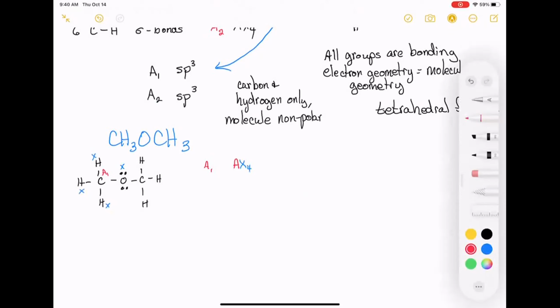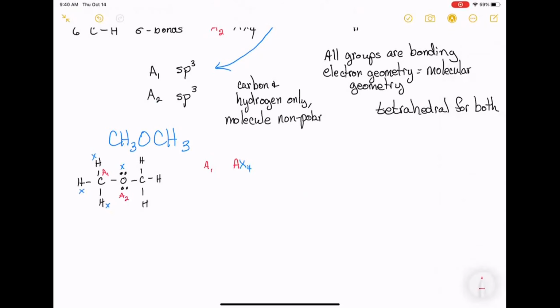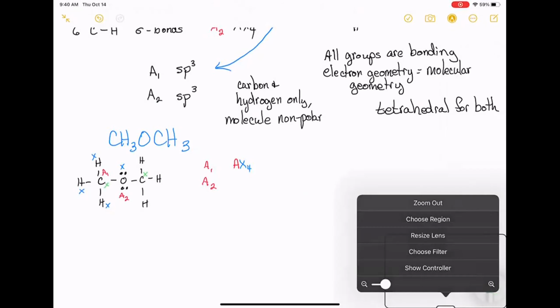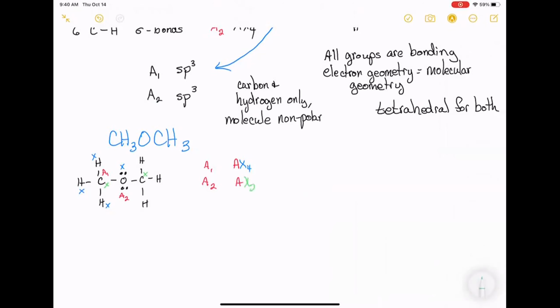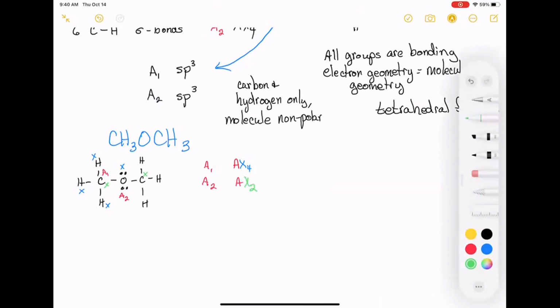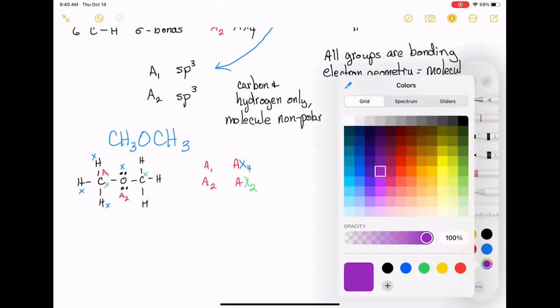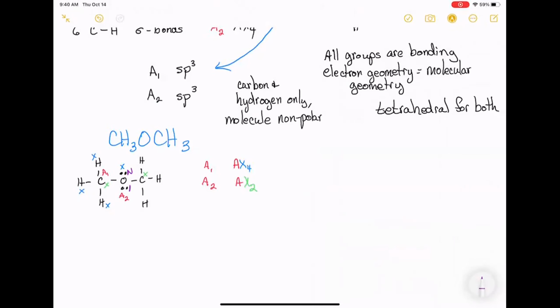The next central atom is your oxygen. So we'll call it A2. On the oxygen, you have 2 carbons bonded to it. And you have 2 lone pairs.